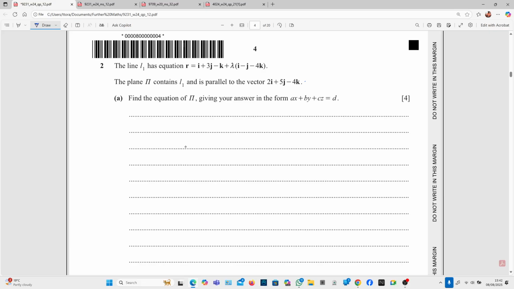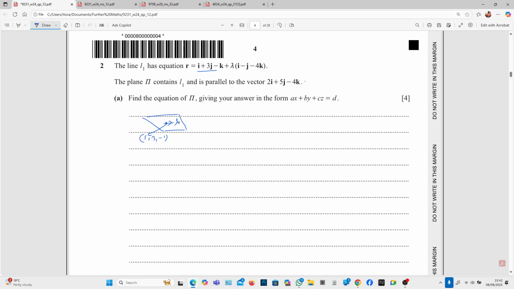Now the way we're going to go about this, first of all, I'm just going to do a small illustration here. This is maybe our plane. We have a line in here, the line L. It has a coordinate, which is (1, 3, -1). That's the coordinate on the line.